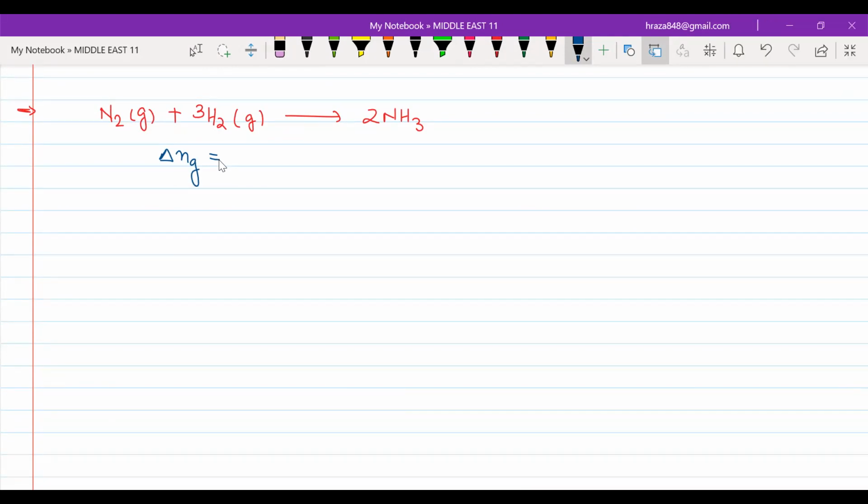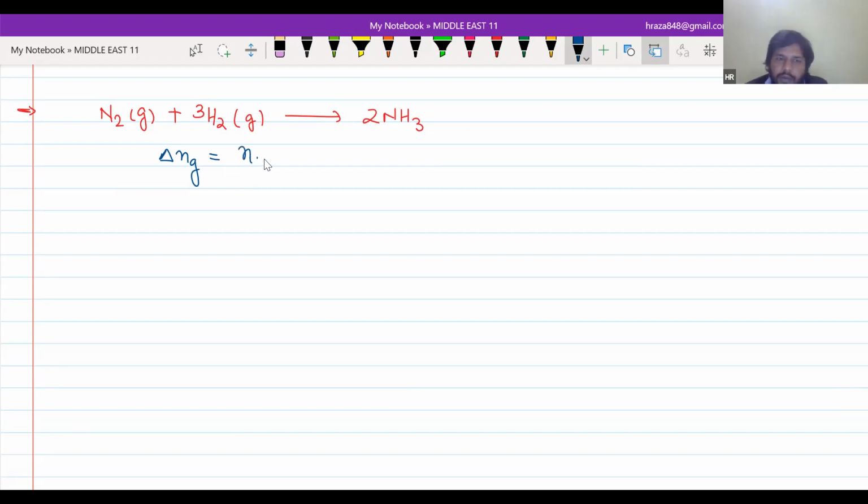Sir, can you explain? Yes. Delta Ng equals the number of moles of gaseous product minus the number of moles of gaseous reactant. Is that clear? Now see, what is the product? Only one, NH3, in gaseous state. The number of moles is found by its stoichiometric coefficient, which is 2.